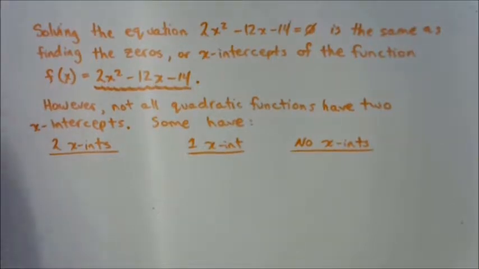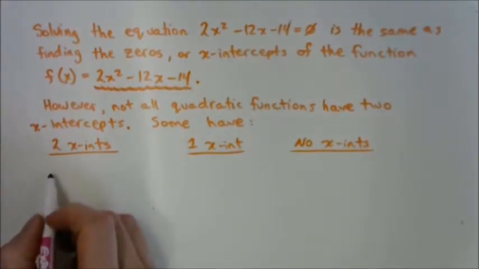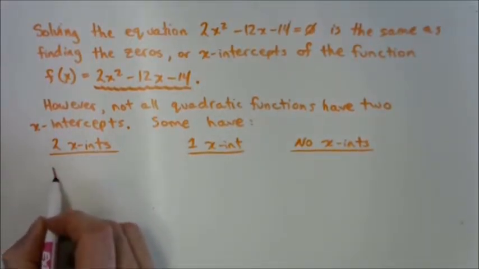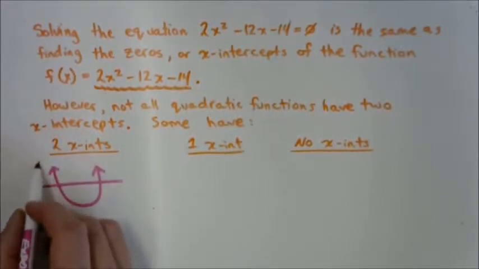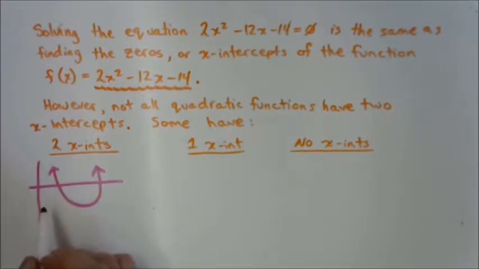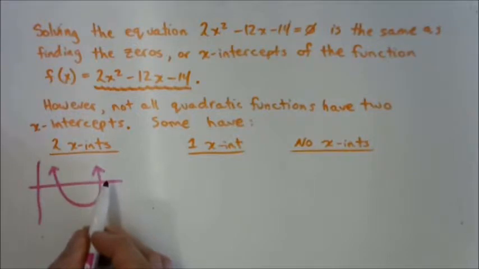And just a quick little diagram for each of those. Two x-intercepts is pretty straightforward. Doesn't matter how big or small or where it is, if it's to the left of 0 or to the right of 0, it's going to cross in two places. So when you factor it out, you will get two solutions.